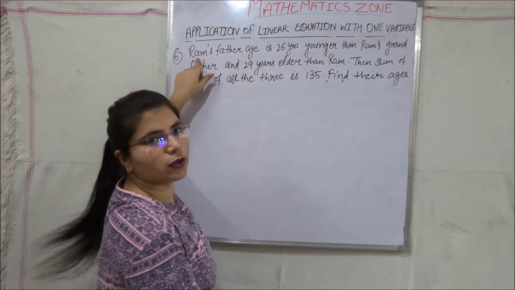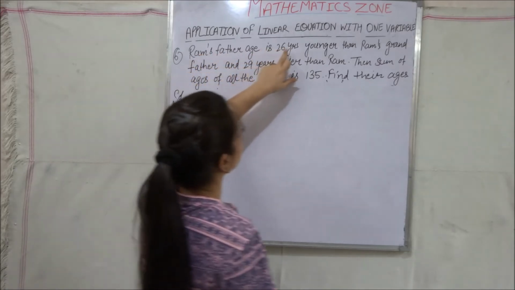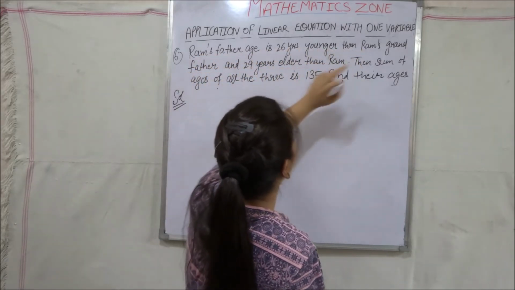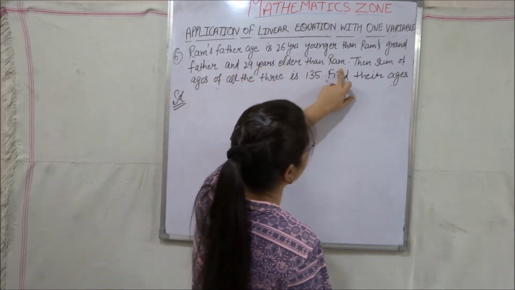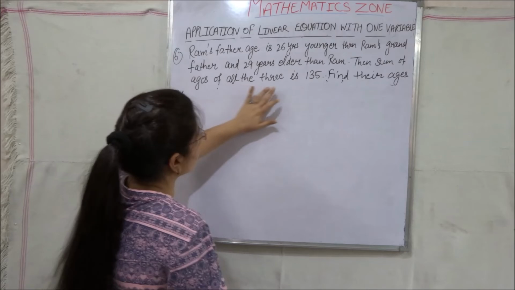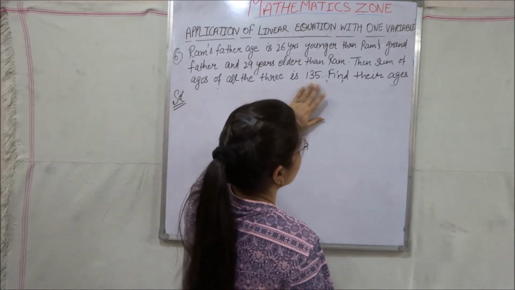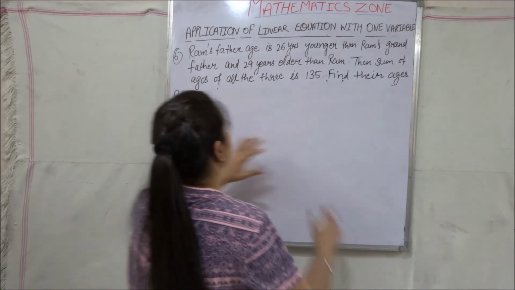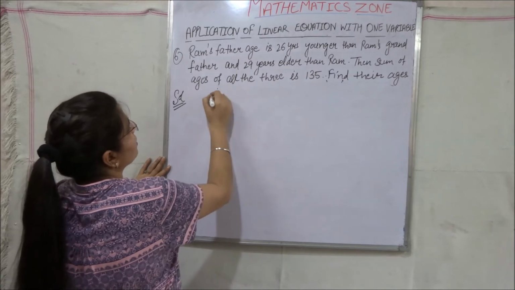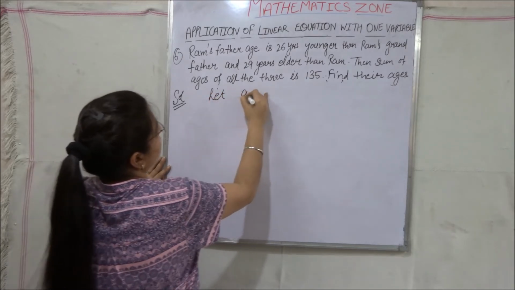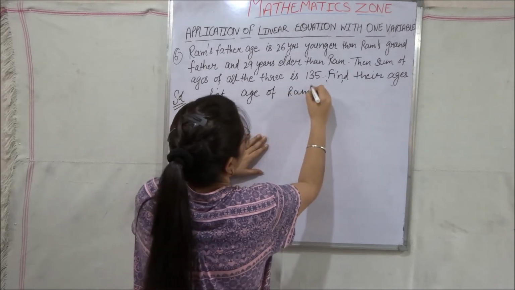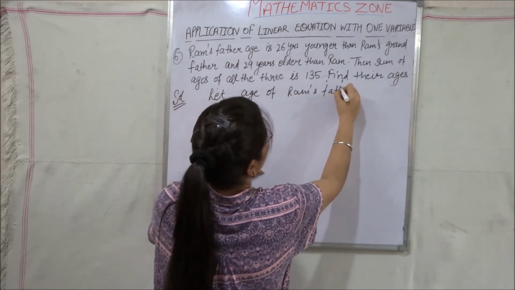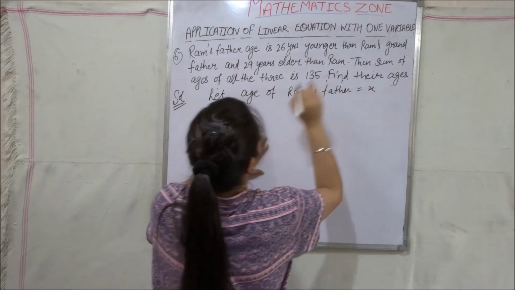Let us do one more question. Ram's father's age is 26 years younger than Ram's grandfather's age and 29 years elder than Ram. Then the sum of the ages of the 3 is 135. Find their individual ages. Let the age of Ram's father equal x.